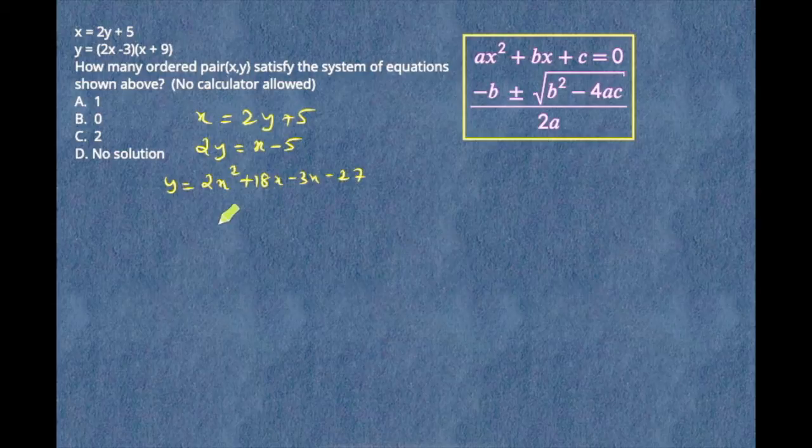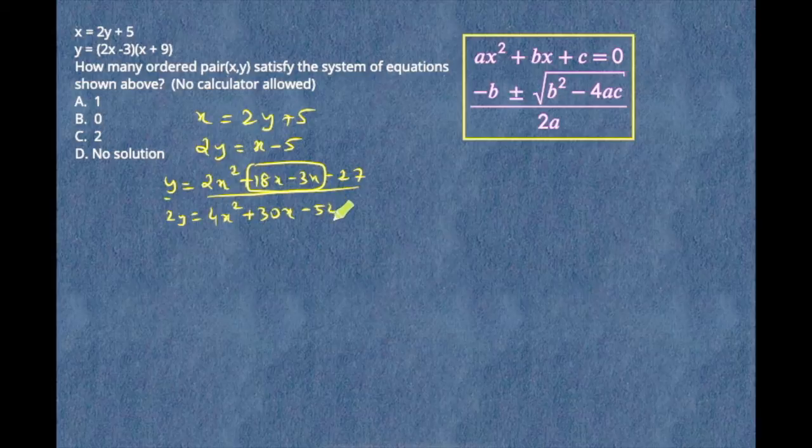Now we multiply the left hand side and the right hand side by 2. So we get 2y equals 4x squared plus 30x minus 54. And we already know 2y equals x minus 5.